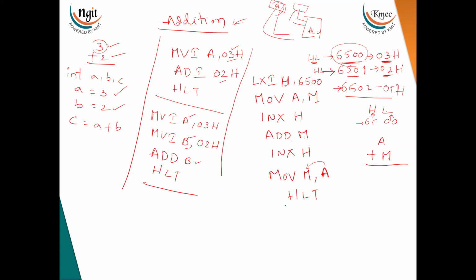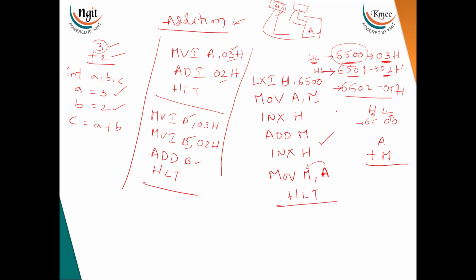Now this is about the program for adding two 8-bit data. But here one problem is there. This program is applicable only for those operands which are not generating the carry.